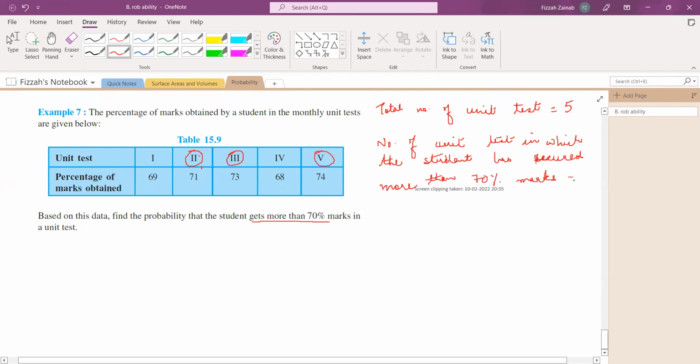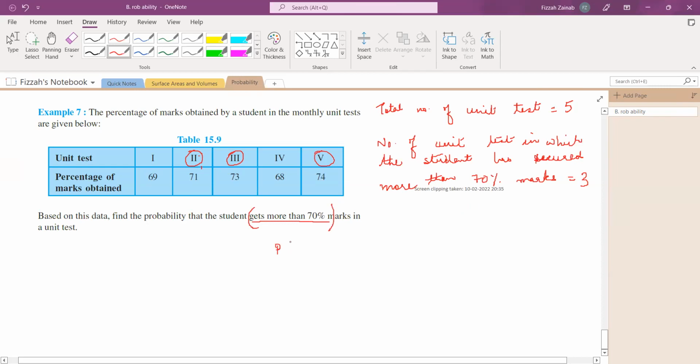Right? So these are equal to 3. In 3 unit tests, he is getting more than 70% of marks. So you have to find the probability of scoring more than 70% marks. This probability you have to find.